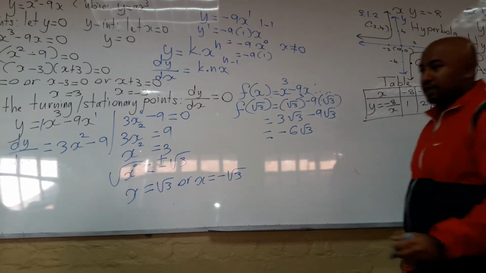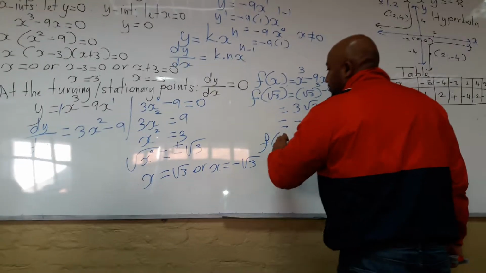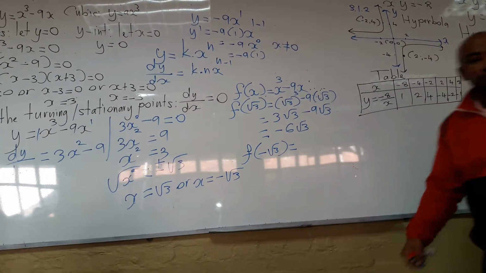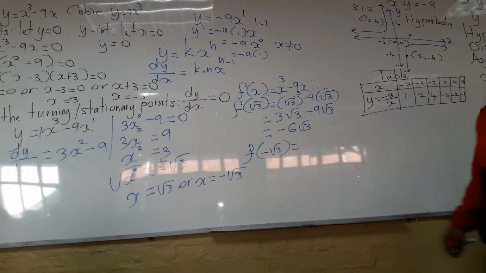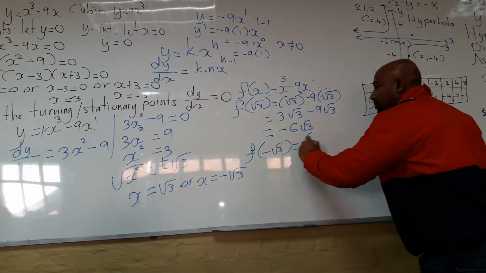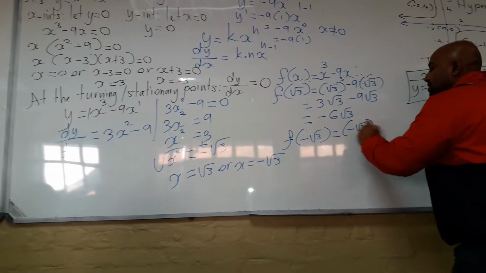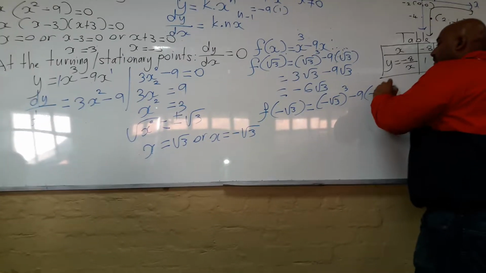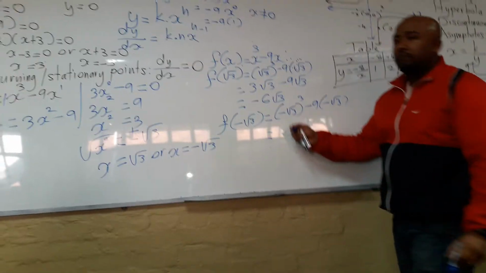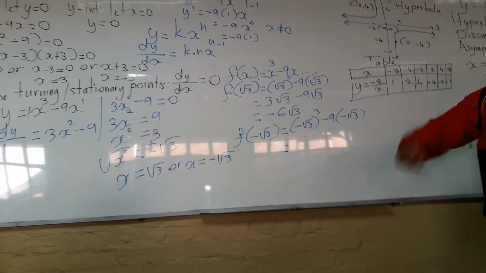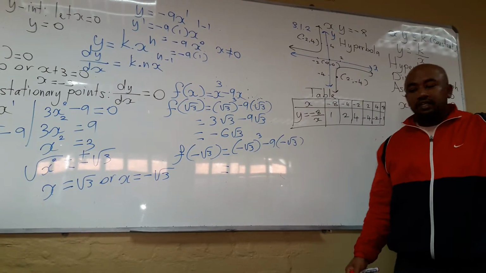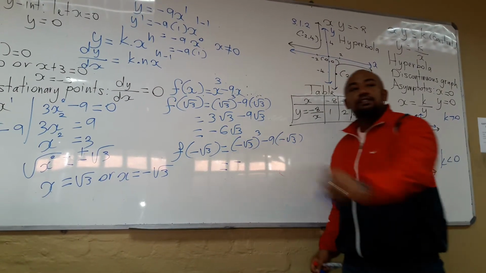Alright, so the other one, f of minus root 3. We're going back to the original equation, substituting, so that will be minus root 3 to the power 3 minus 9 times minus root 3. Minus root 3 to the power 3 means minus root 3 times minus root 3 times minus root 3. 3 negatives, definitely that is a negative.